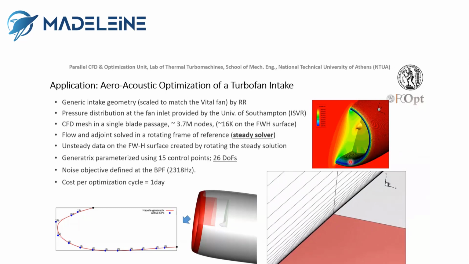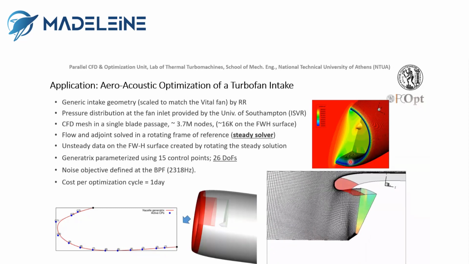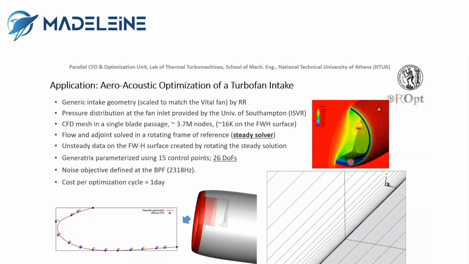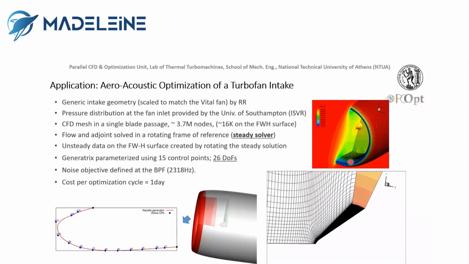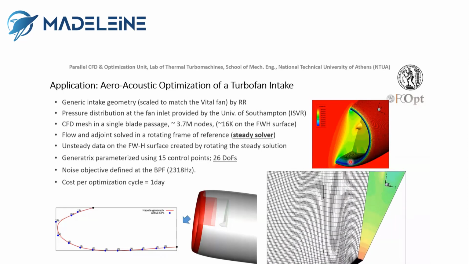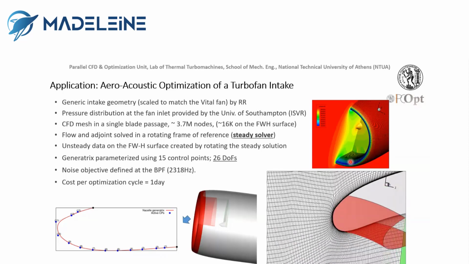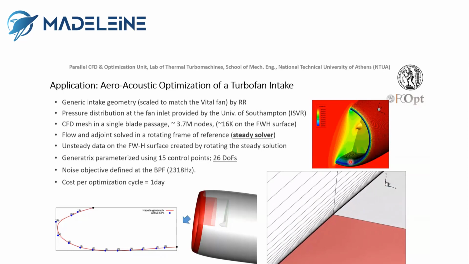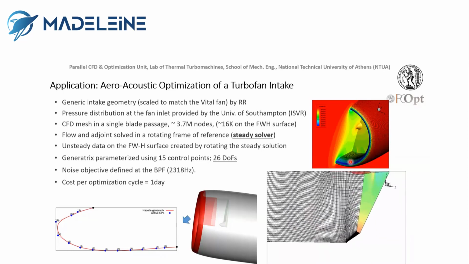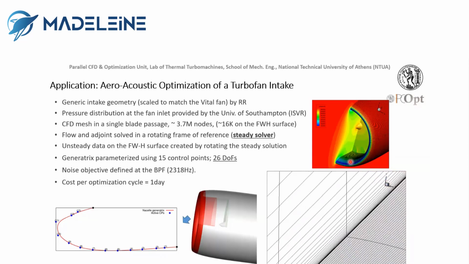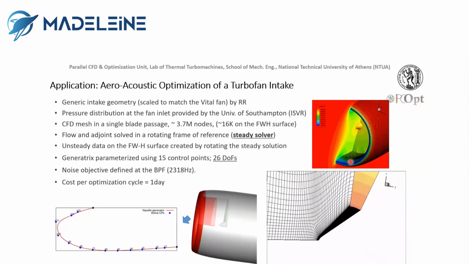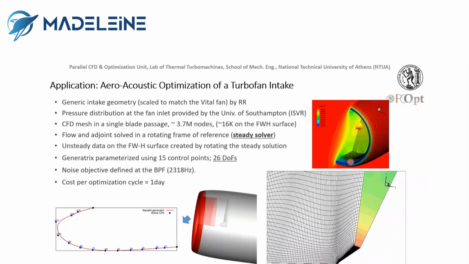Given that this is an axisymmetric geometry, the CFD mesh consists of a single blade passage, and instead of running the unsteady equations, we are solving the steady state equations in a rotating frame of reference. The unsteady data required on the Ffowcs Williams-Hawkings surface are reconstructed by rotating the steady field.